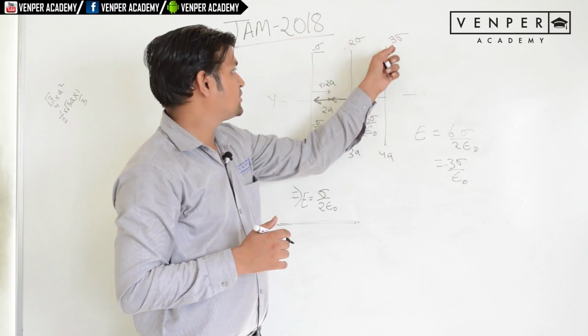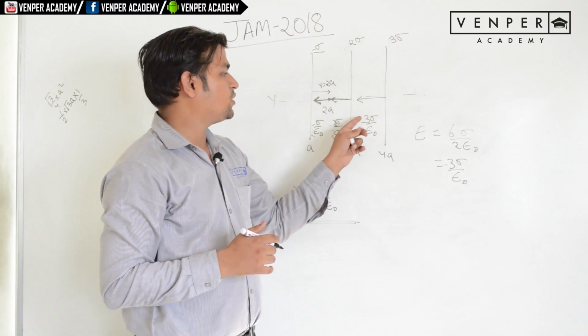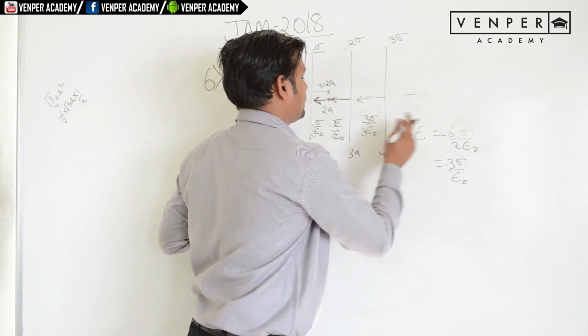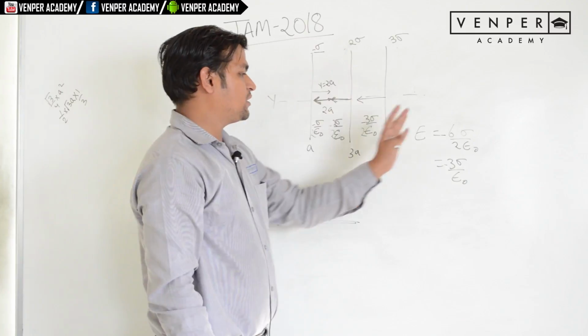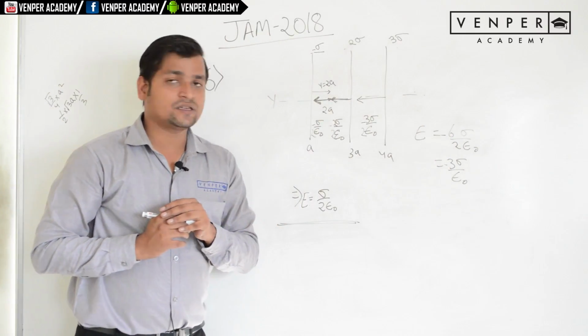Here also the same thing: 3 sigma, away from that sheet, so it is minus 3 sigma upon 2 epsilon naught. So the total electric field, the summation of all three, you will get minus 3 sigma upon epsilon naught. So the correct option is B.